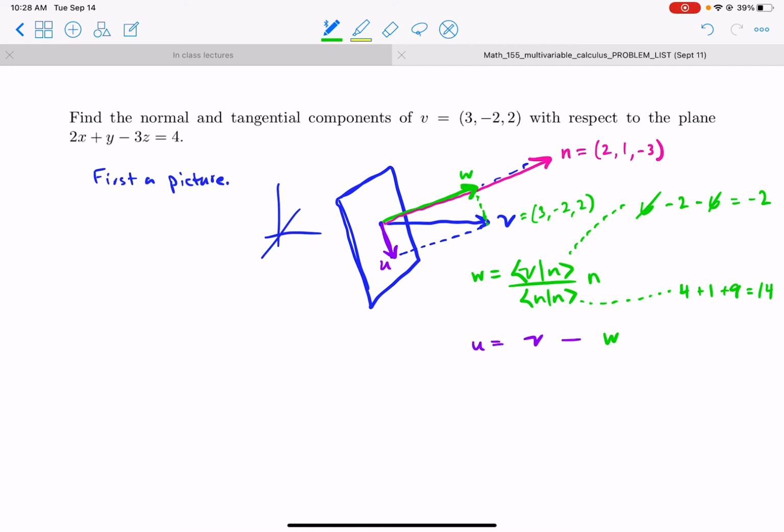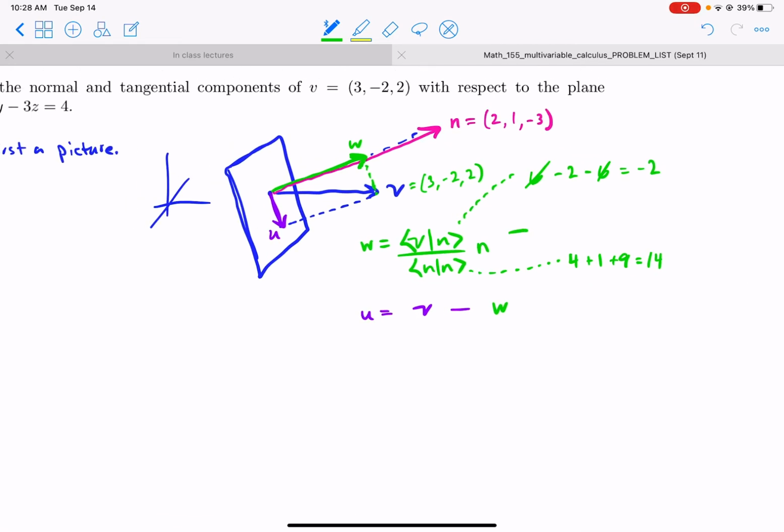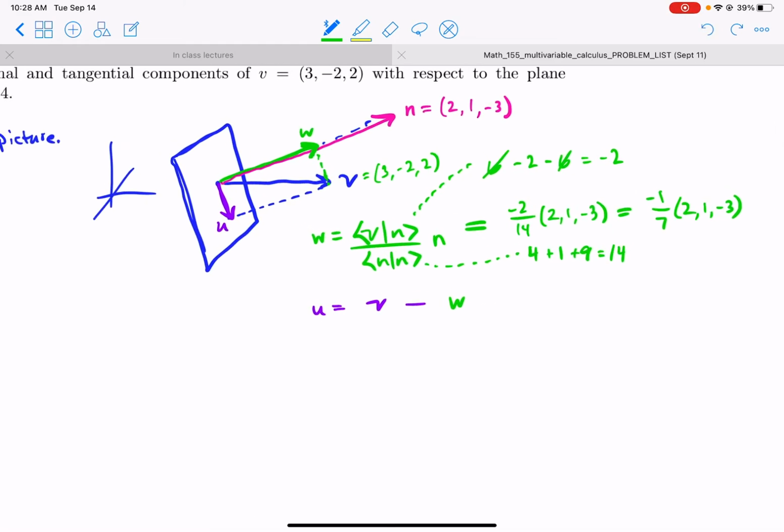Okay, so what I get is that w is equal to -2/14 times n. I could simplify that to -1/7 times (2, 1, -3). And I'm just going to keep this fraction outside rather than writing divide by 7 and changing all the negative signs.